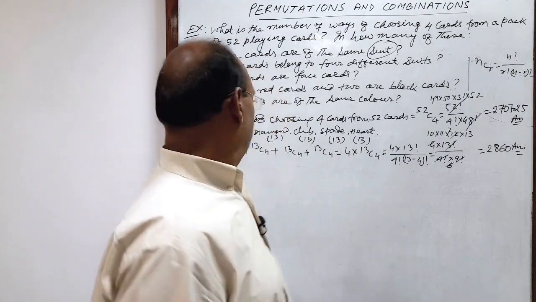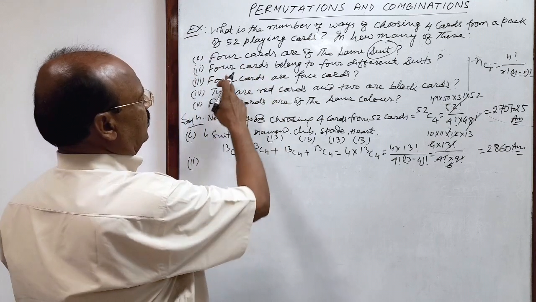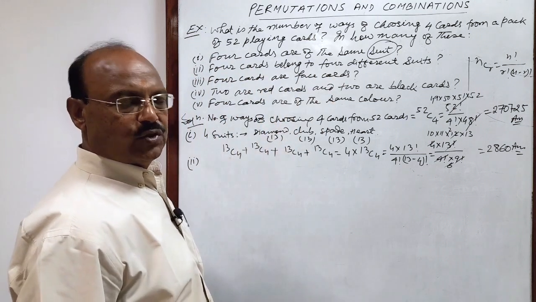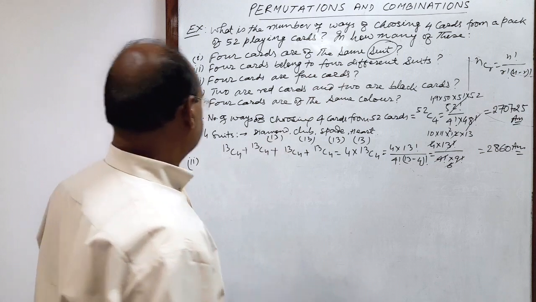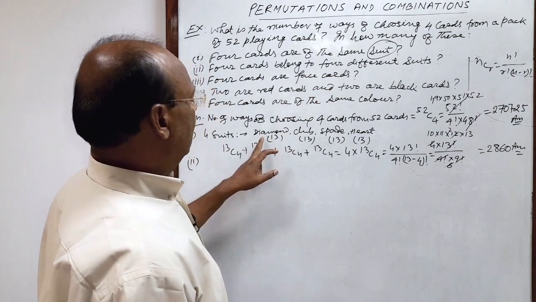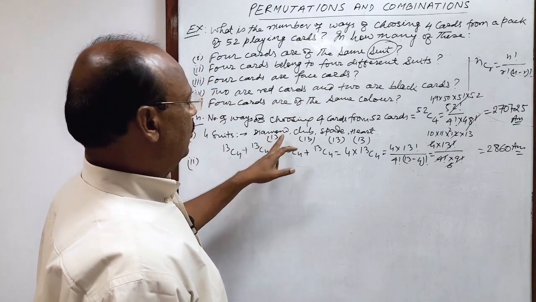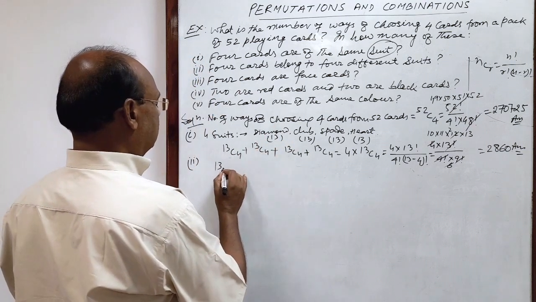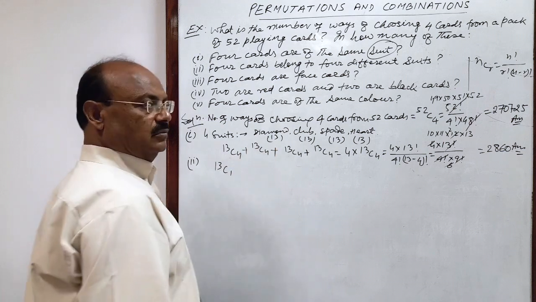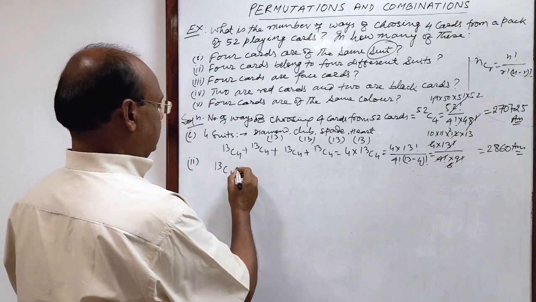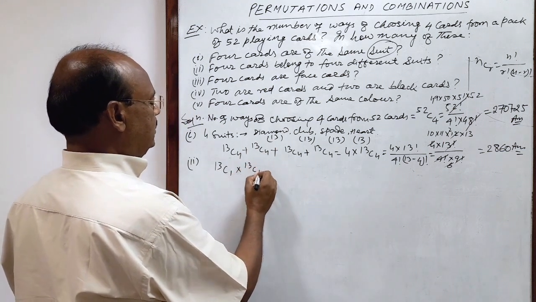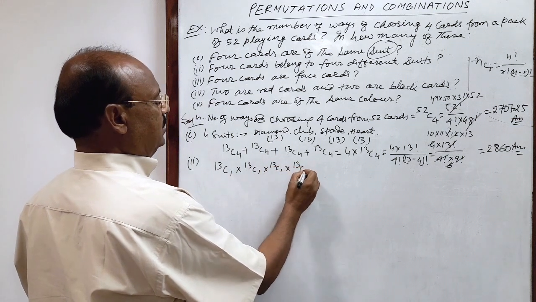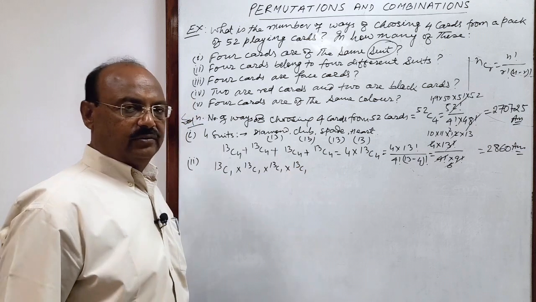Okay. So here the question is 4 cards belong to 4 different suits. So if this card is being selected from diamond, in how many ways can we select? 13C1 into 13C1 into 13C1 into 13C1. Try to understand it.